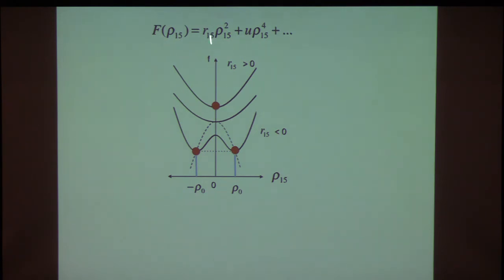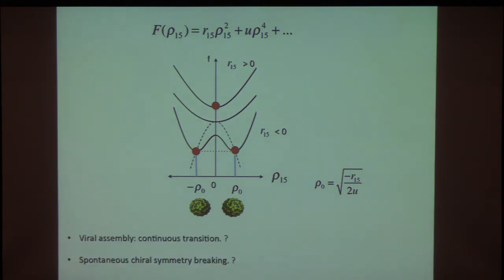So as you change R15, exactly at R15 equals 0, two minima appear, minus R0 and plus R0, where this is just the square root of minus R15 over 2u. This is a classical second order phase transition. The two states are exactly the two chiral partners which came out of the group theory for L equals 15.